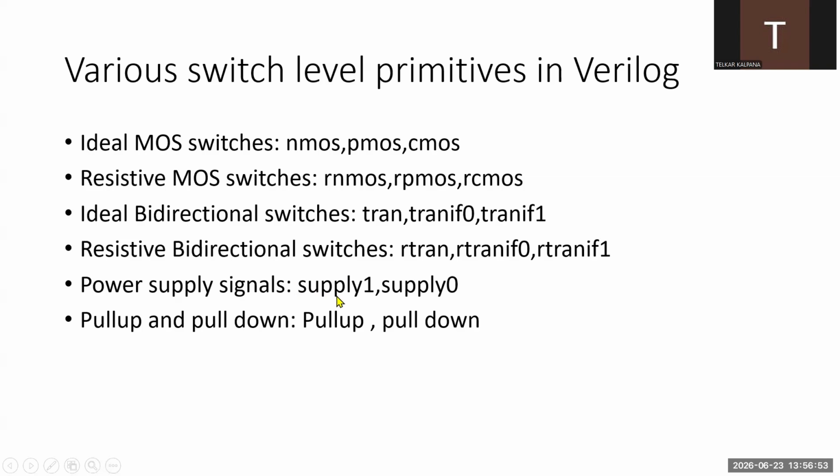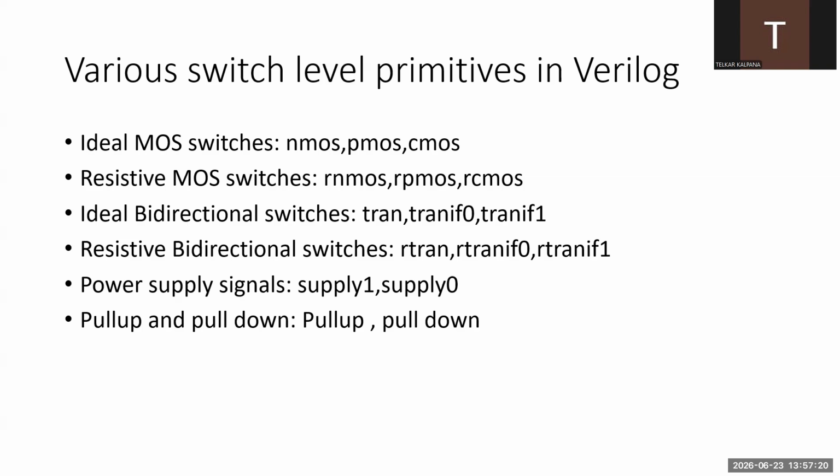So when we are going to see the circuitry at the transistor level, we are going to use power supplies, VCC and ground. So we can't use VCC and ground directly. Instead of that, we have to use the keywords supply1, nothing but VCC, and supply0, nothing but the ground.